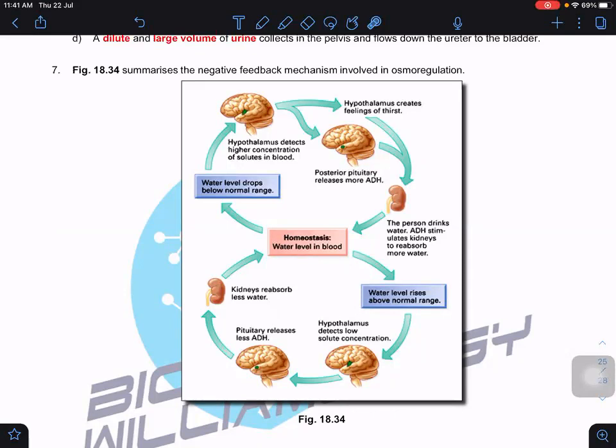So in this case, the water level or water potential increases above the normal range. What will happen here? The hypothalamus now detects the low solute concentration or high water potential, releases less ADH or no ADH will be released. So the kidney will reabsorb less water molecule. Therefore, you can remove the water molecule through our urine.